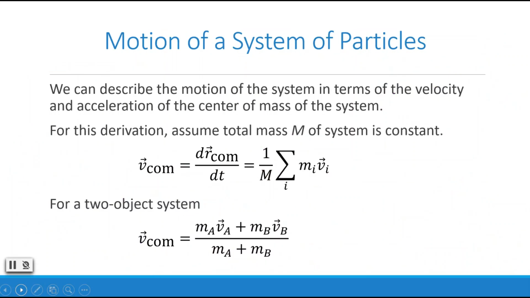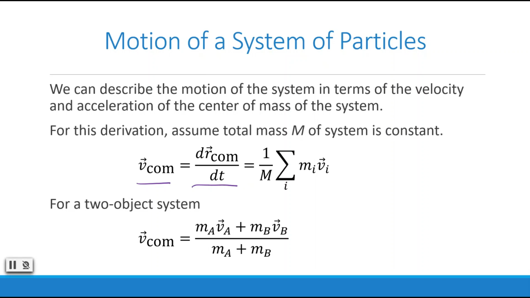So then bringing this back to momentum, we define the velocity of the center of mass. In terms of calculus, velocity is the rate of change of position. So the velocity of the center of mass is going to be the rate of change of the position of the center of mass with respect to time.